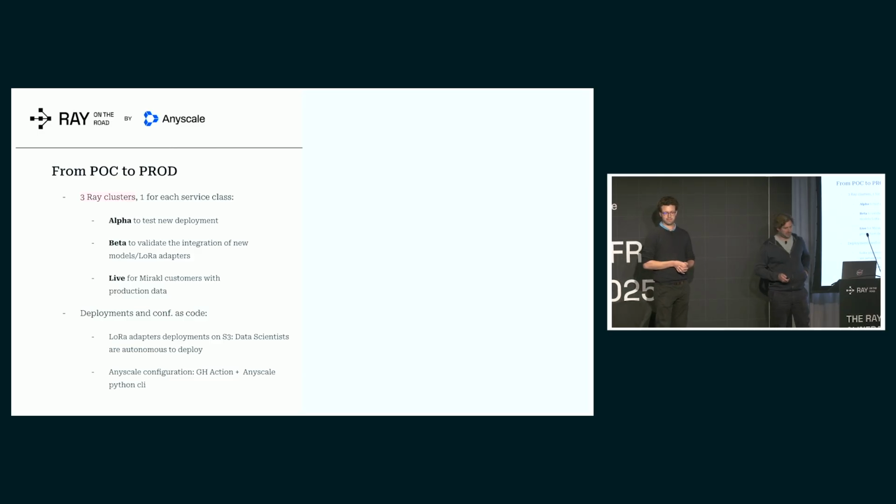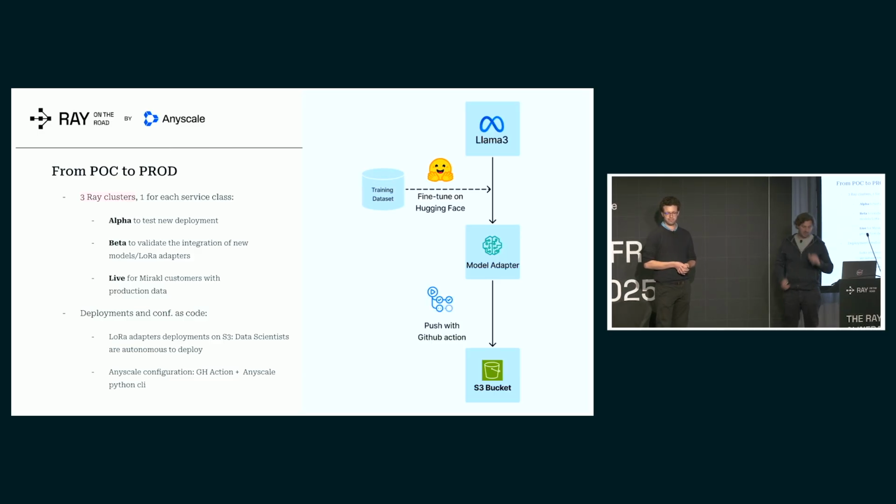For the deployment of LoRa adapters, it's quite simple. Our data scientists fine-tune the base model with their training dataset on Hugging Face. Then the adapter is pushed to an S3 bucket, one S3 bucket for each service class, and then in the Ray cluster, the LLM can download the right adapter.